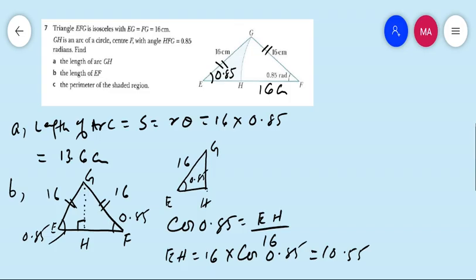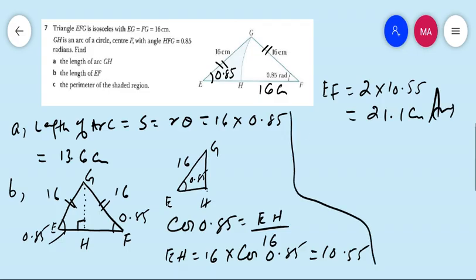Now the total length must be multiplied by 2. The length of EF must be equal to 2 multiplied by 10.55, which is equal to 21.1 centimeter. This is the answer of part B. Very interesting part. And part C, the perimeter of the shaded region.